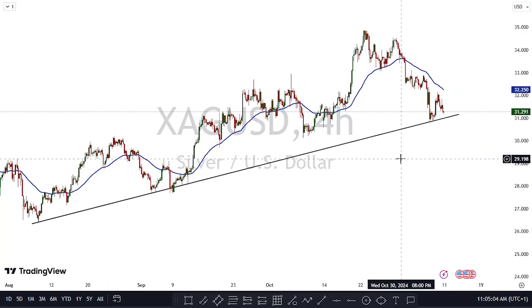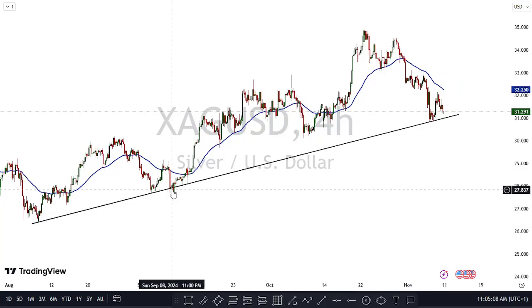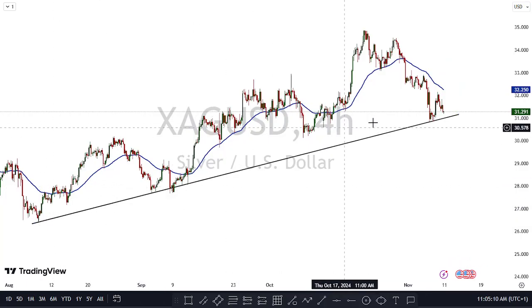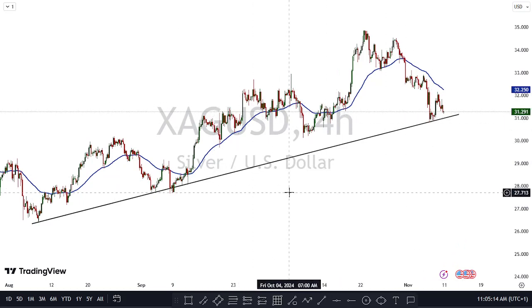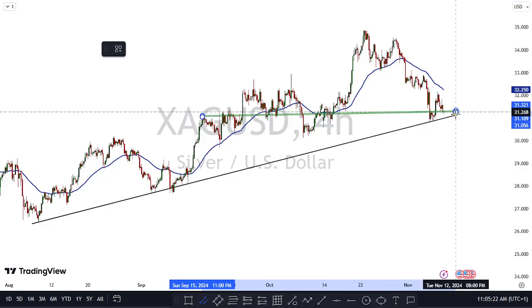This is XAGUSD. We can see the first, second touch gets a double top, and this is the third touch of the trend line, which is happening in an area. Funny enough, this is another trade to buy, guys.